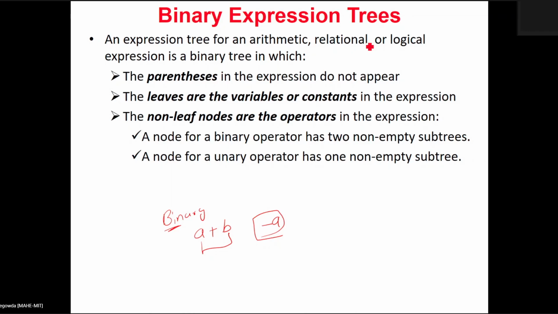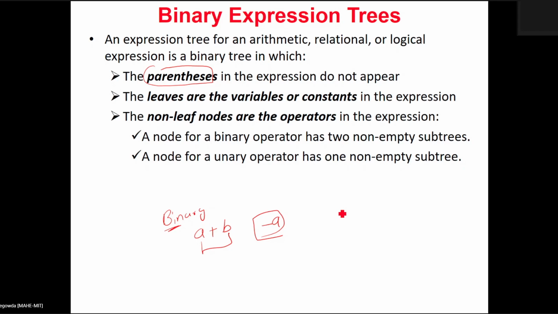The expression tree for an arithmetic, relational or logical expression is a binary tree in which parentheses in the expression are avoided. That is one of the disadvantages in the case of the expression. When I am given an expression and want to evaluate it, we need to know the precedence of the operations. Precedence of the operations can be defined by using parentheses.